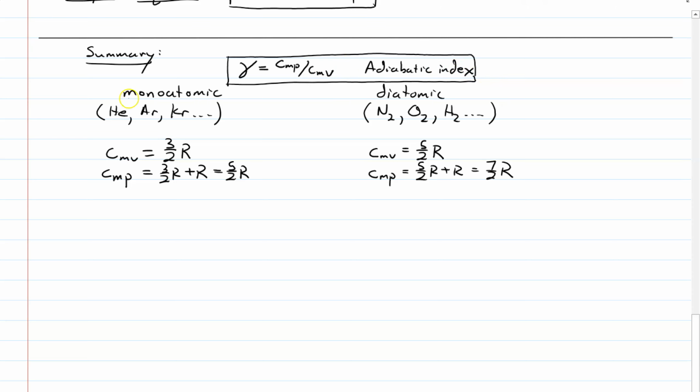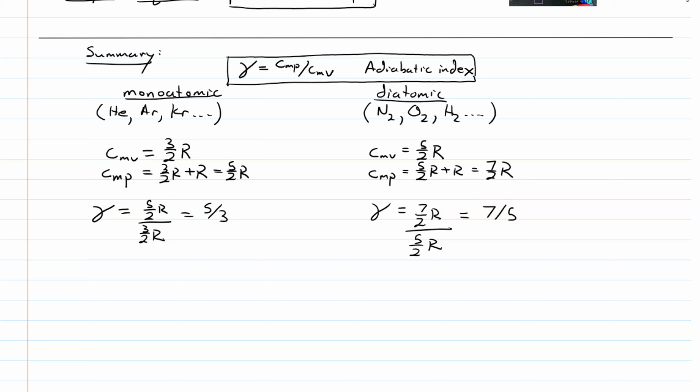You can figure out what it is for a monoatomic gas and for a diatomic gas. For a monoatomic gas, it's 5/2 R divided by 3/2 R, which is 5/3. And for a diatomic gas, it's 7/2 R divided by 5/2 R, which is 7/5.